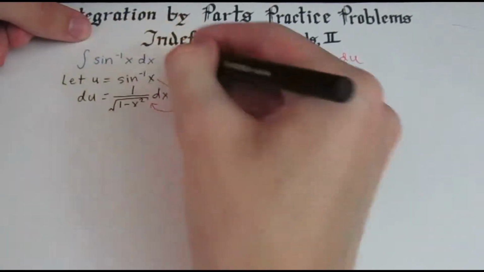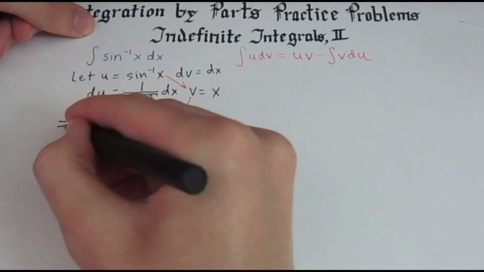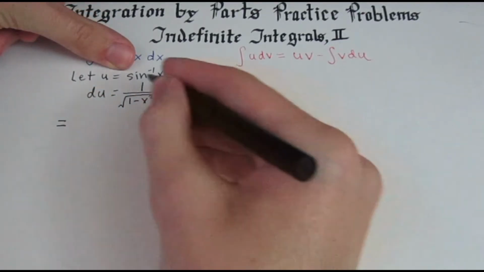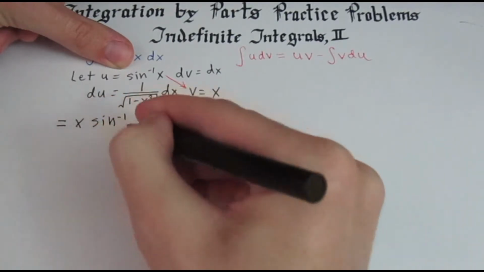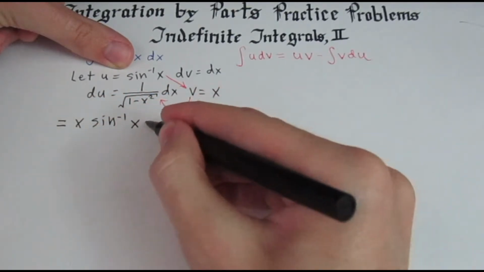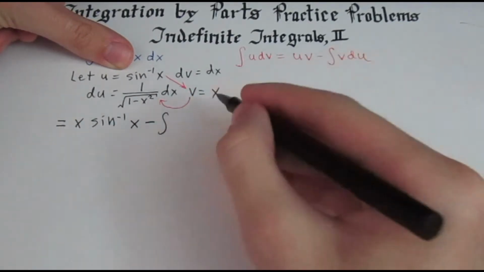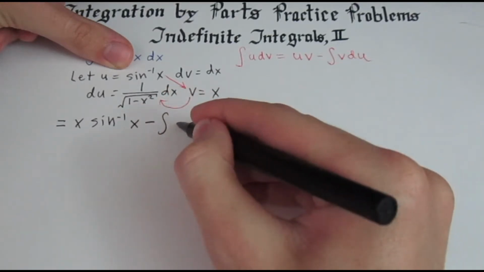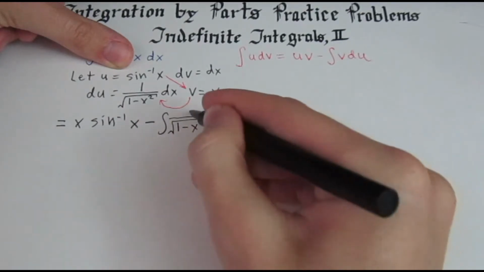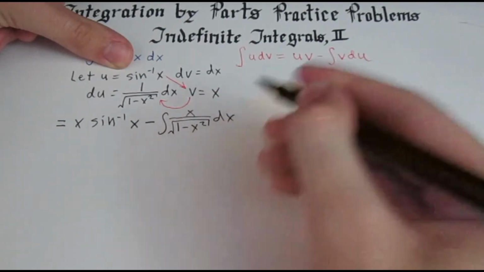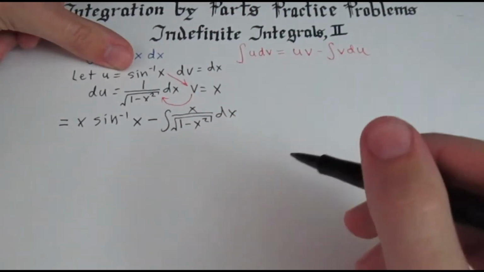So this right here is going to equal uv, which is x times sine inverse of x, minus the indefinite integral of v du, which is x over radical 1 minus x squared dx. I just multiplied it, didn't forget the dx right here.